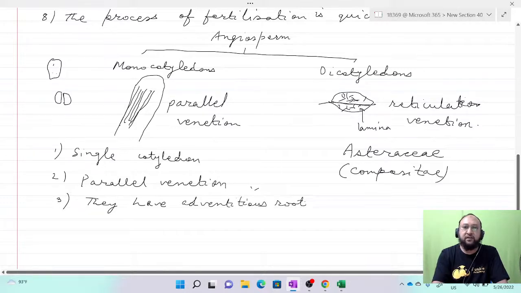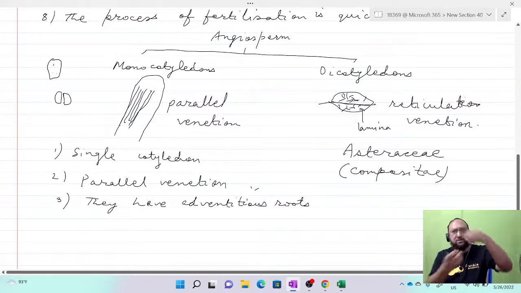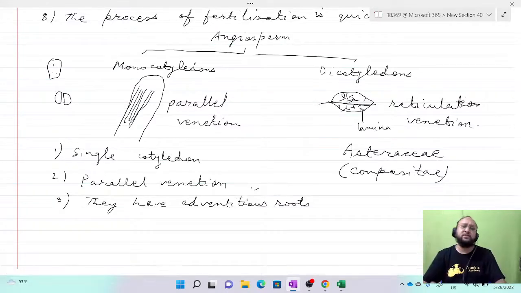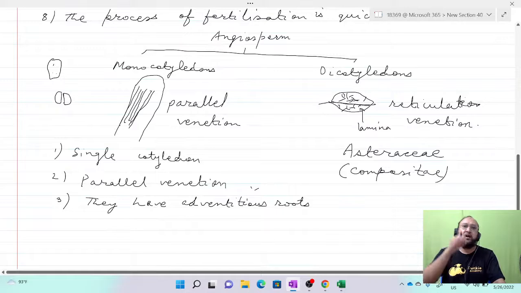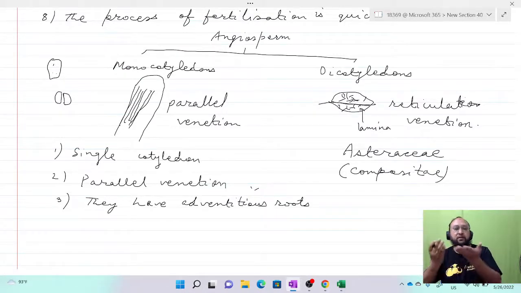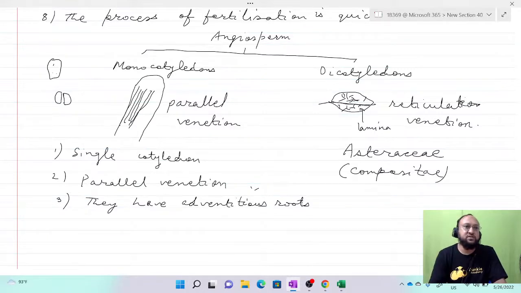You know what an adventitious root is? In case of a taproot system, there is a main root, then small branches come out of the main root. But in case of adventitious roots, the branches are formed right from the base of the plant.